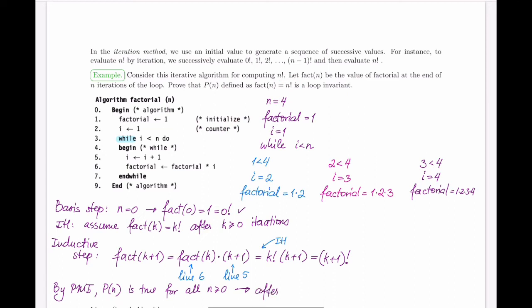So after n loop iterations, we have n factorial. Okay, pretty straightforward, but you do have to go through the mechanisms and make sure that you justify every step as either coming from the algorithm or coming from induction here.